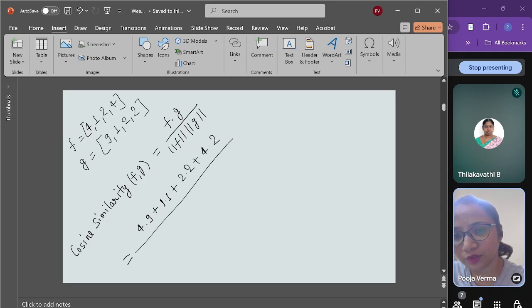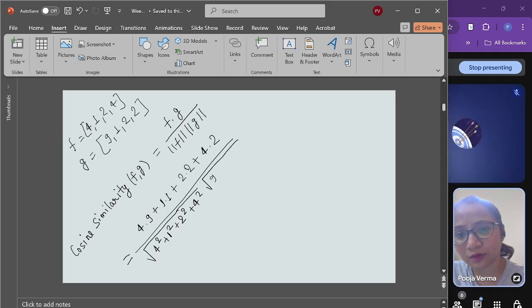In the lower side it is a root, the double mod. So we define it as the root of every value squared: 4 square plus 1 square plus 2 square plus 4 square, and similarly for g, 9 square plus 1 square plus 2 square plus 2 square.